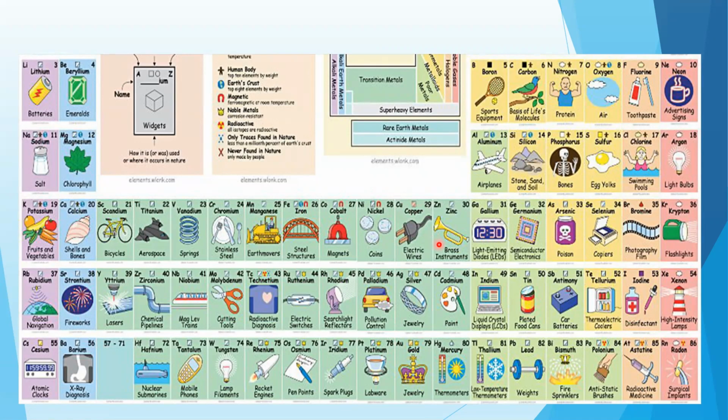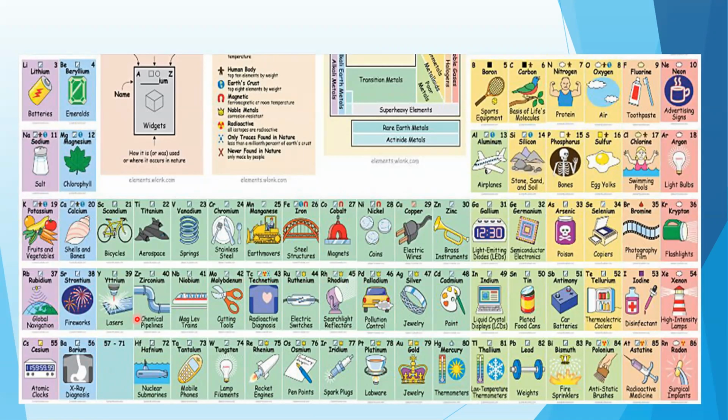And then the 4d series: yttrium, zirconium, niobium, molybdenum, technetium, ruthenium, rhodium, palladium, silver, cadmium. And then we have the 5d series, where we take lanthanum, and after lanthanum we have hafnium, tantalum, tungsten, rhenium, osmium, iridium, platinum, gold, mercury.